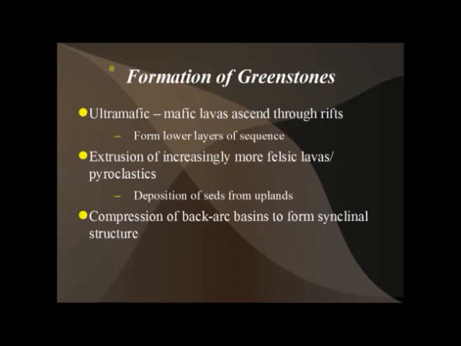As they continue to be incorporated into the magma as it rises and ultimately becomes this lava or this extrusion, it can become increasingly more felsic, creating volcanic eruptions, pyroclastic material, and all of this uplift can help produce sediment that's being eroded from these uplands and deposited down into this trench, or down into this basin, I should say, pardon me.